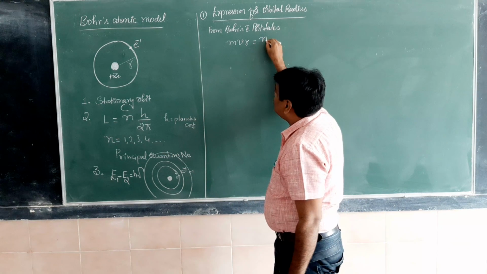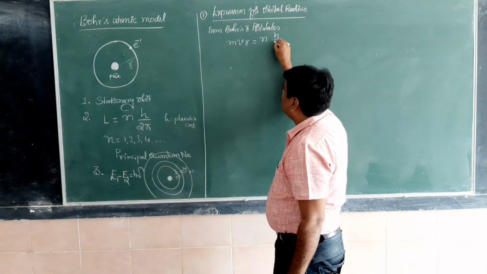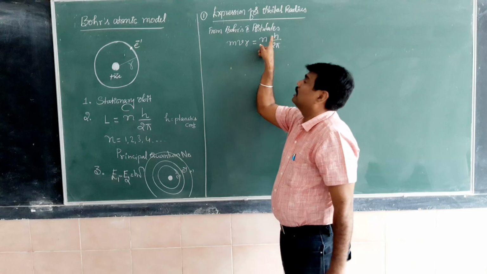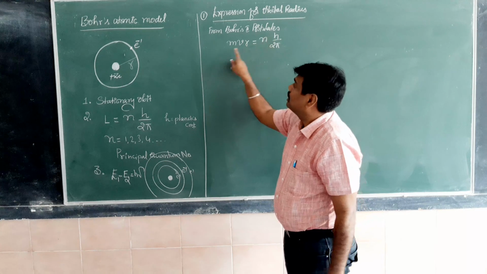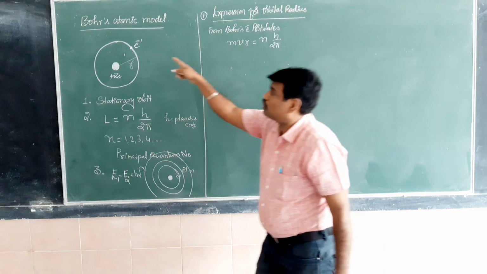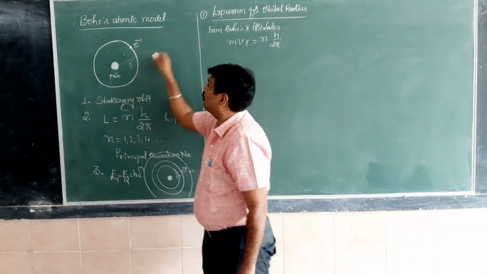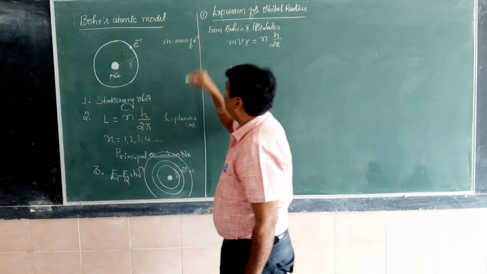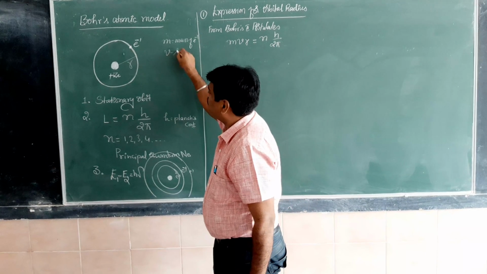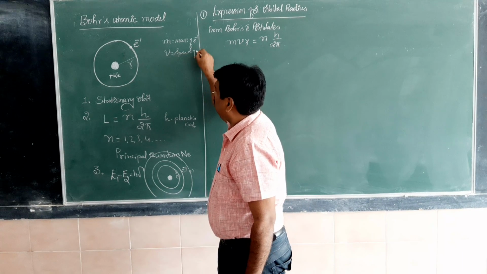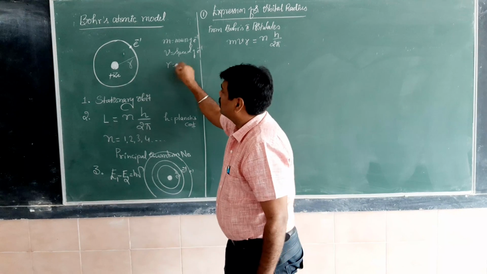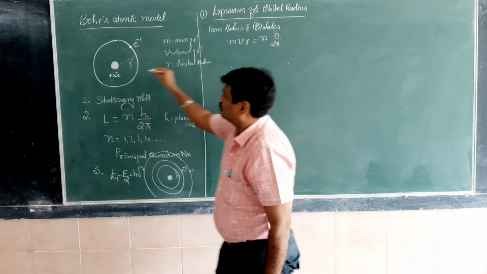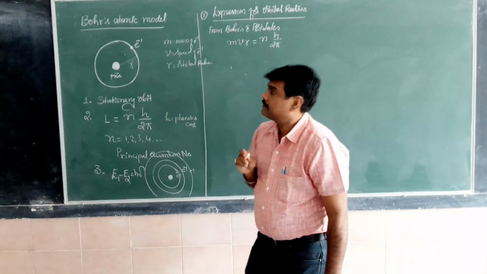According to the second postulate, mvr is an integral multiple of h divided by 2 pi, where n is called the principal quantum number, h is Planck's constant, m is the mass of the electron, v is the speed of the electron, and r is the orbital radius.